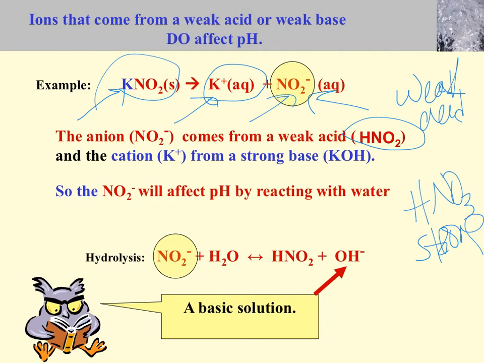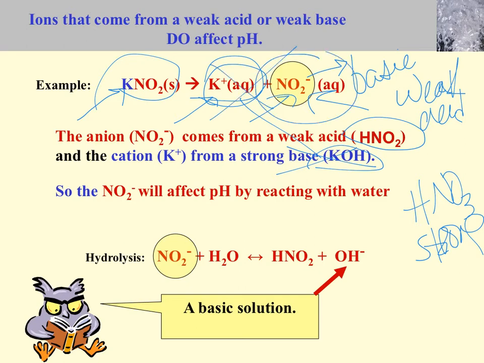Because it's from a weak acid, it is capable of affecting the pH of a solution to make it basic. The potassium ion, and to see where a cation comes from, just stick an OH on it, okay? So it comes from KOH. That is a strong base, so there'll be no effect on the pH from the potassium ion.